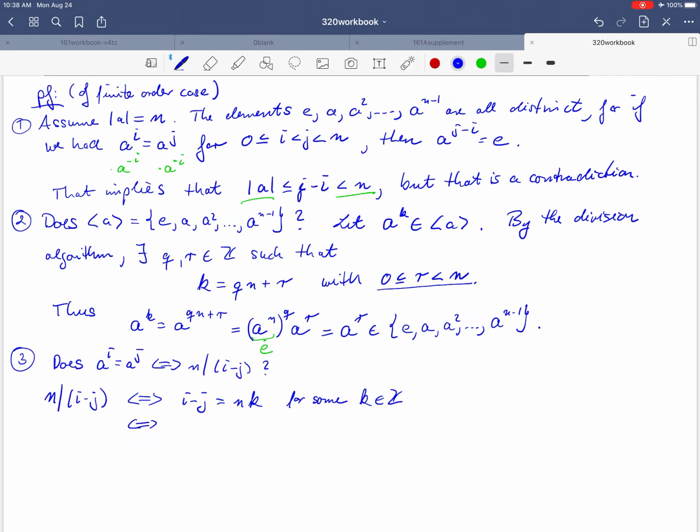So, but if that is true, then if we take a and raise it to the left-hand side, that is a raised to the right-hand side. So we have a to the i minus j, and that is equal to a to the nk. And that we can rewrite as a to the n raised to the k.